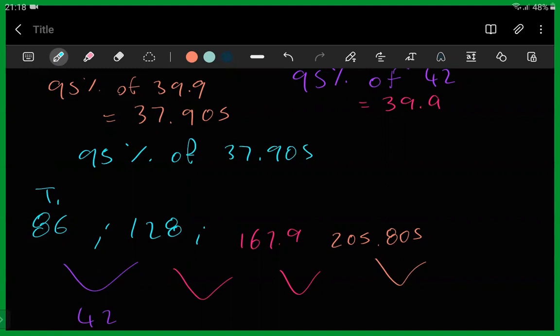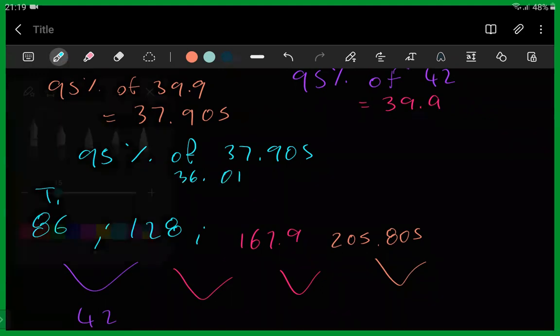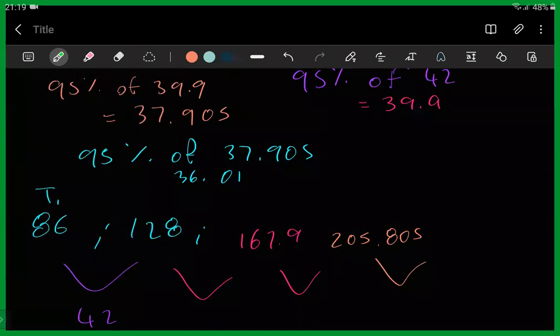What do we get there? 36.01. Okay, and then if you add that to this, we get 241.81475.